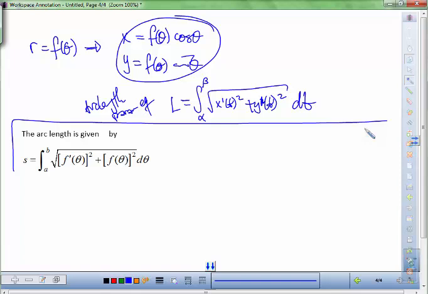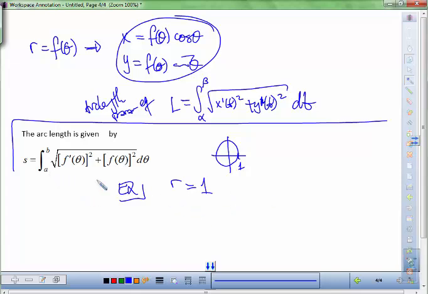Let's find out the arc length of a petal for our function. Oh, I suppose we should do the other one first, right? Arc length of a circle. Our first example. So let's do as our first example, what's the circumference of a circle of radius 1? 2 pi. So when we do this, we should get 2 pi, right? All right, so this is a circle, radius 1, from 0 to 2 pi.